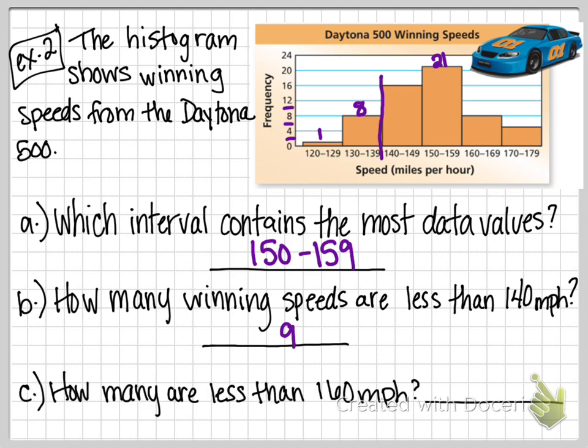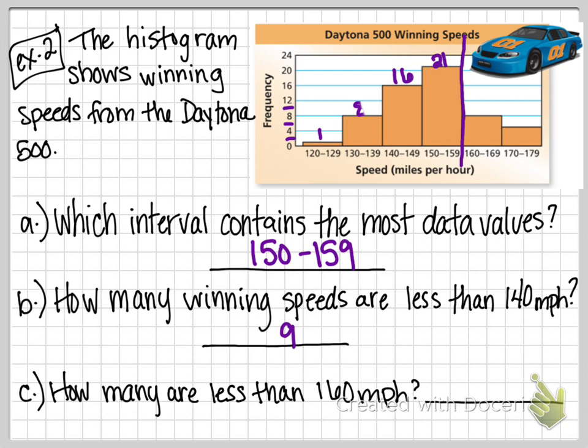And finally, how many are less than 160? Now we're looking at values less than 160. So from here down, Tate, what would you say? I think it's 29. So this one is 16. Is that right?